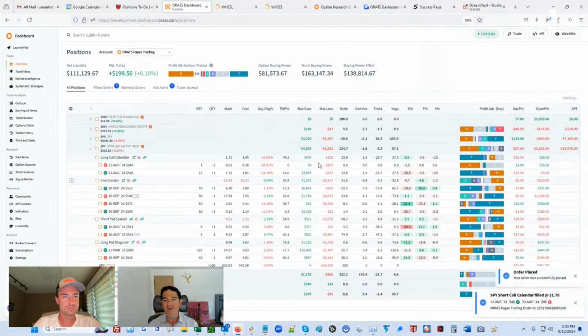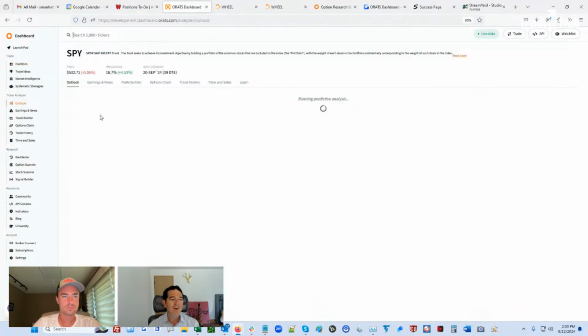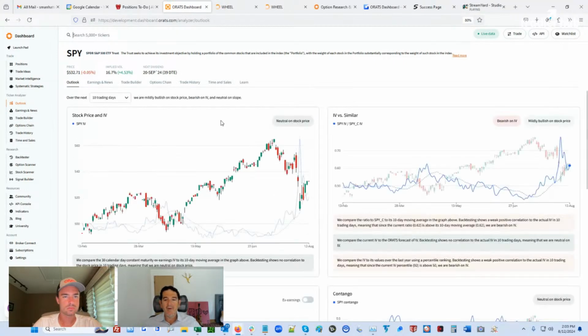So the _C. Just stepping back even farther, all the market-wide ETFs that we look at have components. So the S&P 500 has about 500 stocks under it. The Diamonds have 30. The Russell has about 2,000. And we update these weightings from time to time at ORATS.